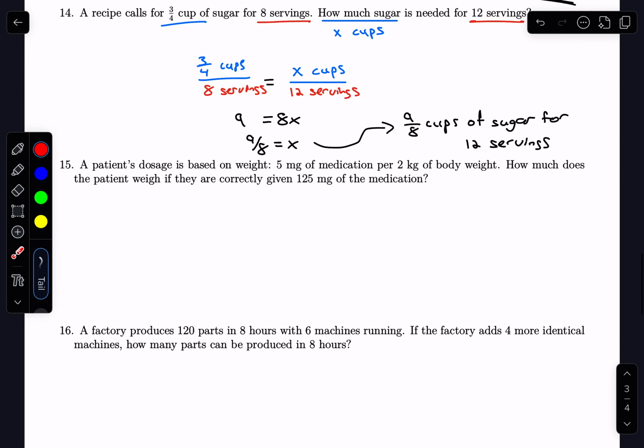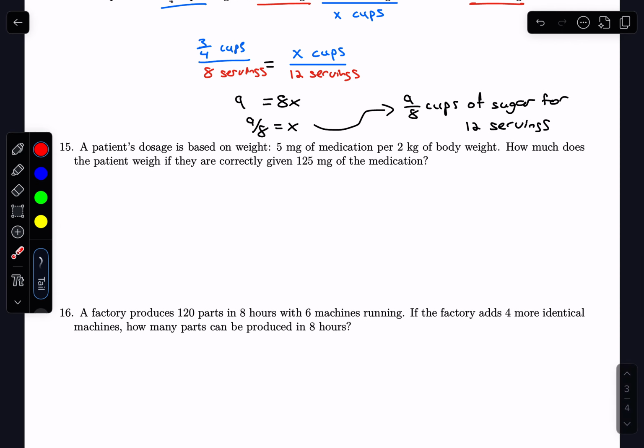Okay, 2 more here. Number 15, a patient's dosage is based on weight. We have that 5 milligrams of medication per 2 kilograms of body weight is recommended. How much does a patient weigh if they are correctly given 125 milligrams of medication? So it's how much does a patient weigh, and this is measured in kilograms. So we're solving for x kilograms.